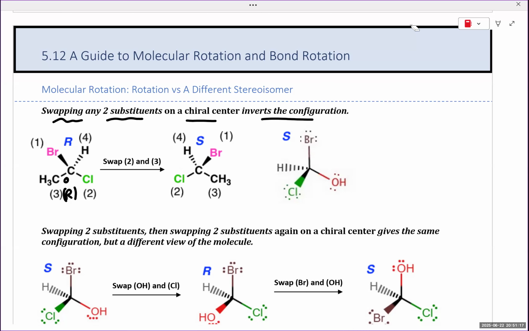So actually, the groups swapped in this case would be the chlorine and the methyl group. But you can swap any substituents and it would yield the S configuration. We can prove this because tracing from highest to lowest priority, we now have a counterclockwise rotation or an S configuration.